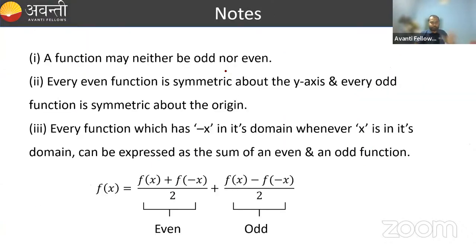So these are some important notes for even and odd functions. A function may be neither odd nor even. Already we have seen one example. Every even function is symmetric about the y-axis, and every odd function is symmetric about the origin. That means here we are talking about the graph of even and odd functions.